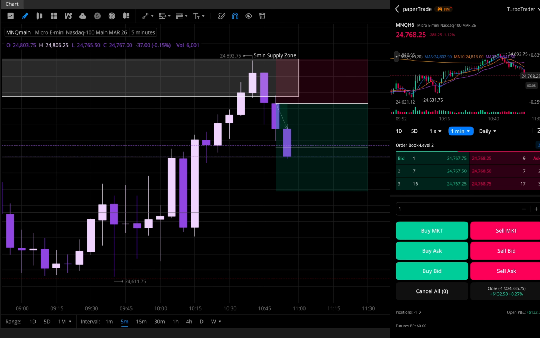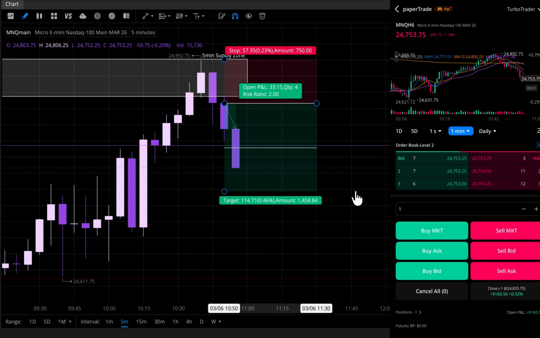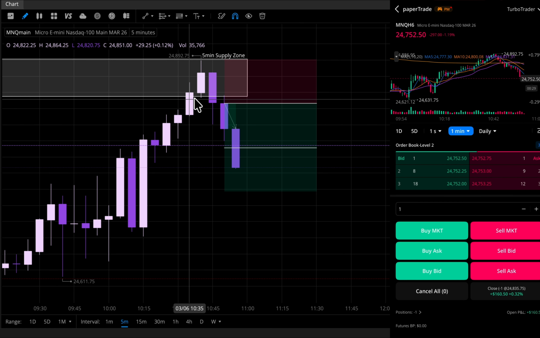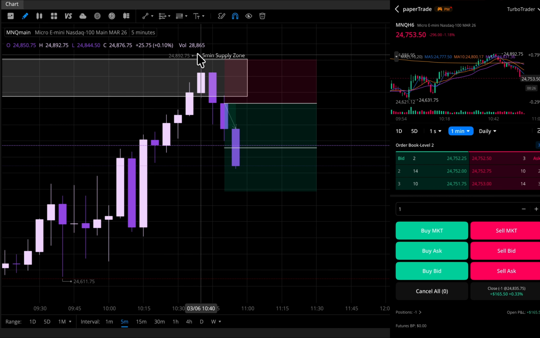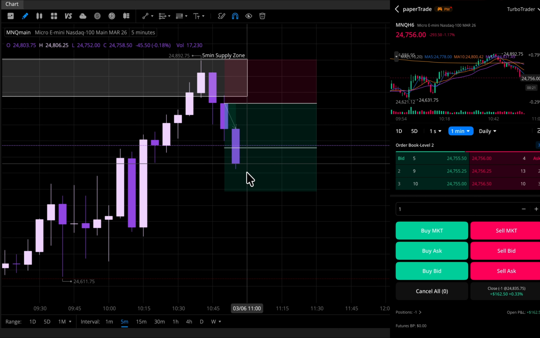So let's see if we got the correction all the way to the 5-minute. It did not invalidate. Price finally closed outside the zone. And we hit our 1-to-1, going for a 1-to-2.